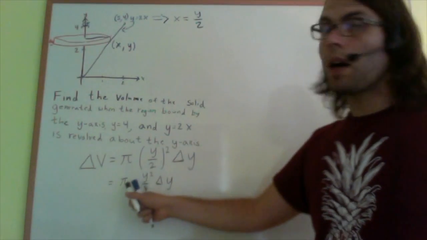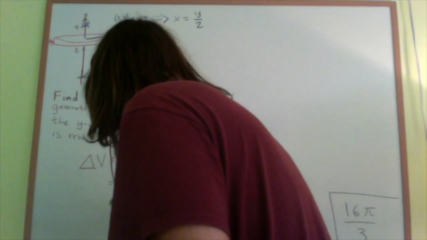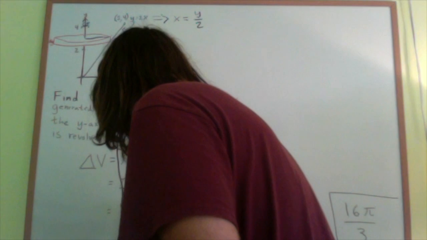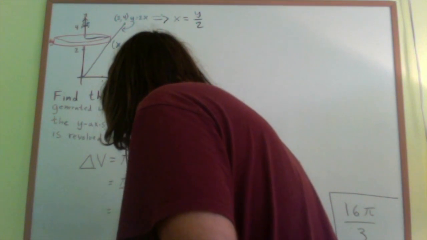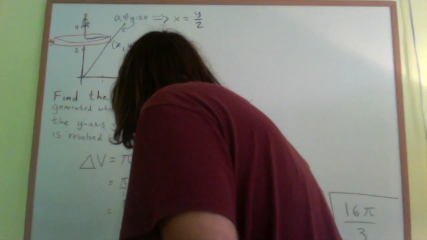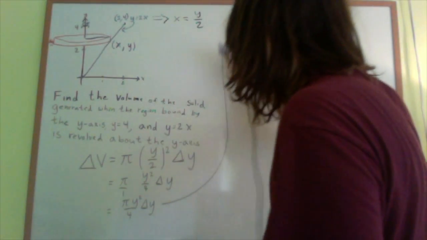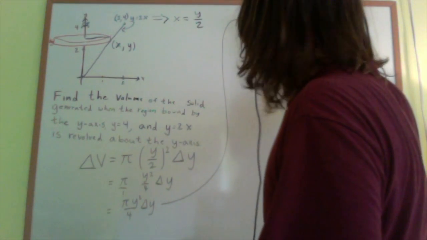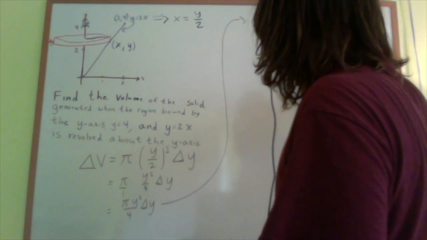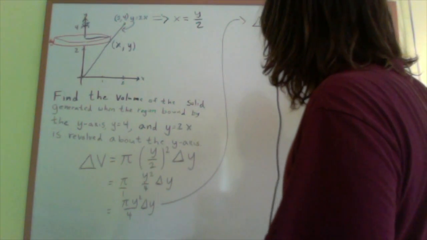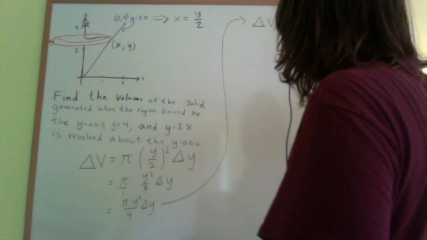Okay, now pi times y squared over 4, we can put this over 1, and this is pi y squared over 4 delta y, and that is the same as delta V equal to pi over 4 y squared delta y.